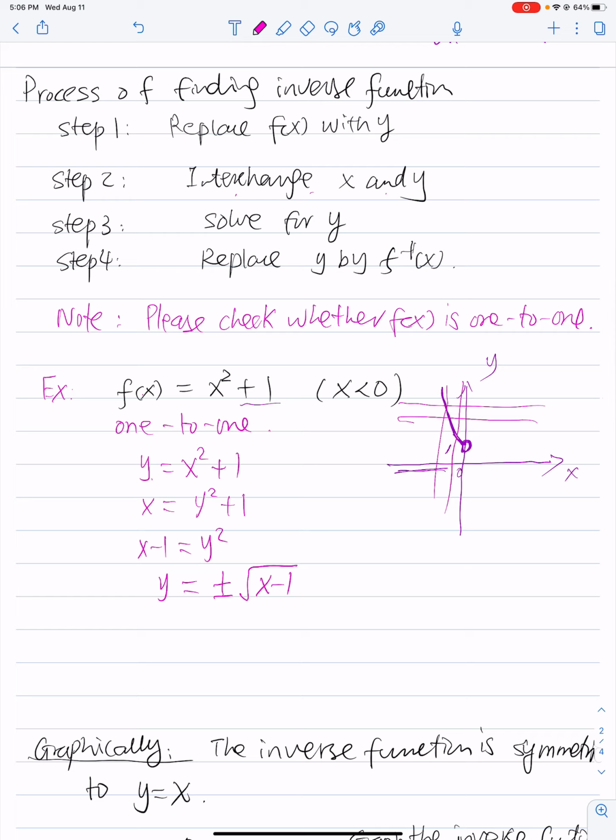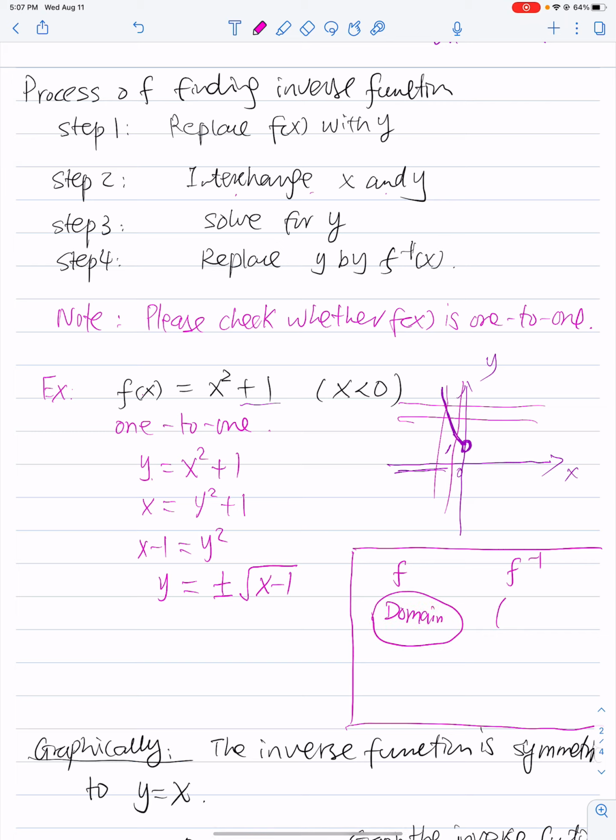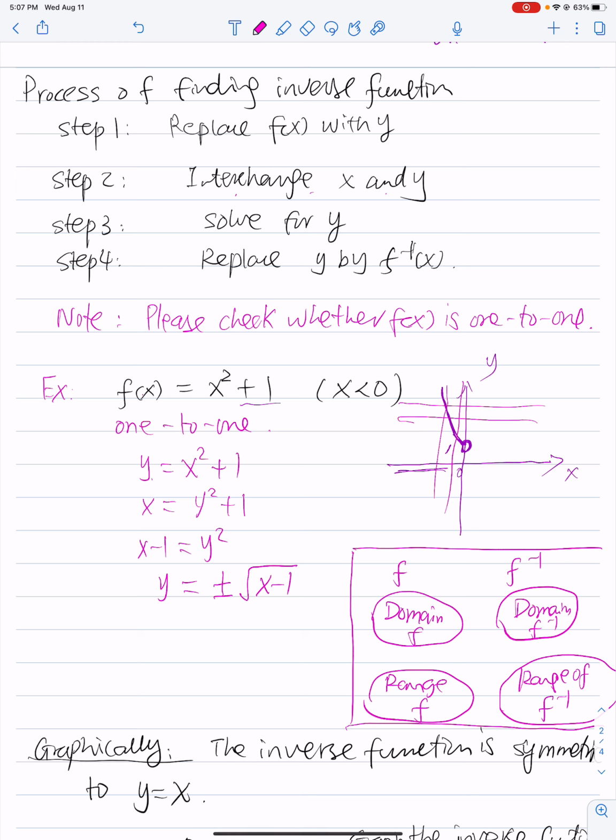Okay, so then we want to introduce another very important thing. Consider f and f inverse. Here is the domain of f, and here is the domain of f inverse. This is the range of f, and this is the range of f inverse.